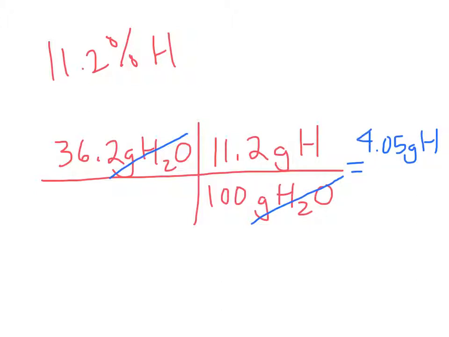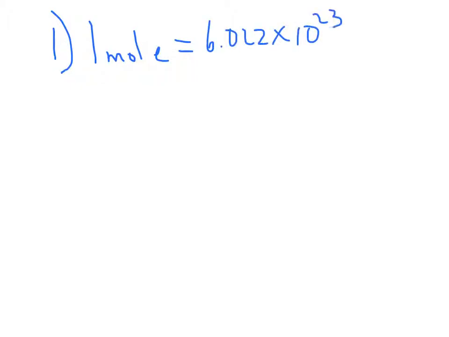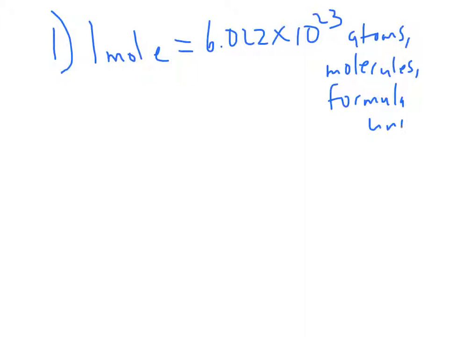Now let's take a look at the conversion factors that were useful in this chapter. One conversion factor that we talked about was the fact that 1 mole of something is equal to 6.022 times 10 to the 23rd atoms or molecules or formula units.